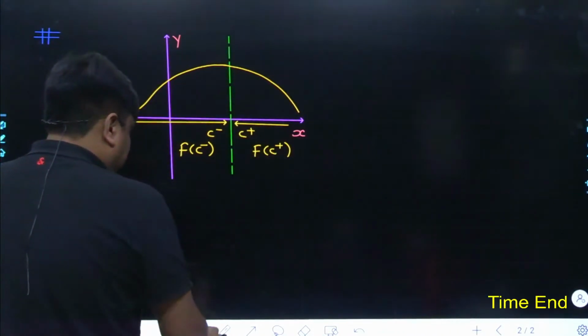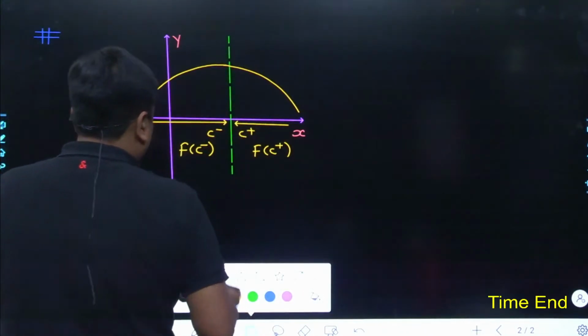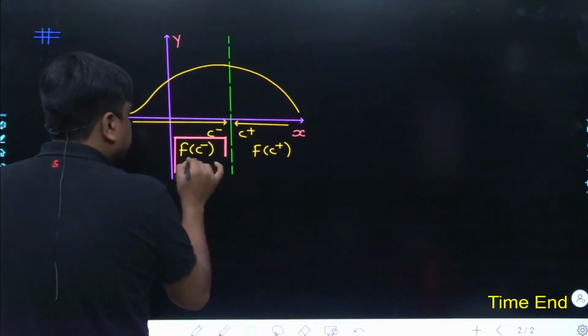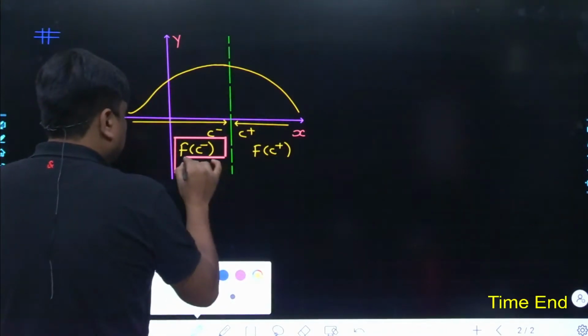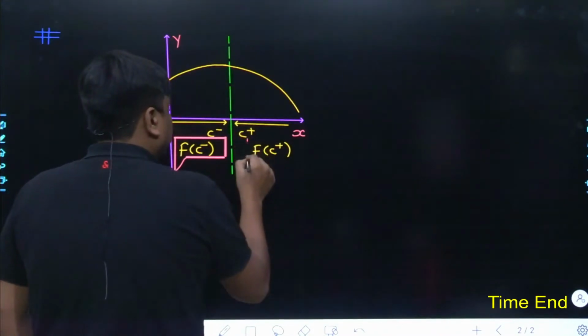And keep in mind, this f of c minus and f of c plus are also called the left-hand limit, and this is called the right-hand limit.